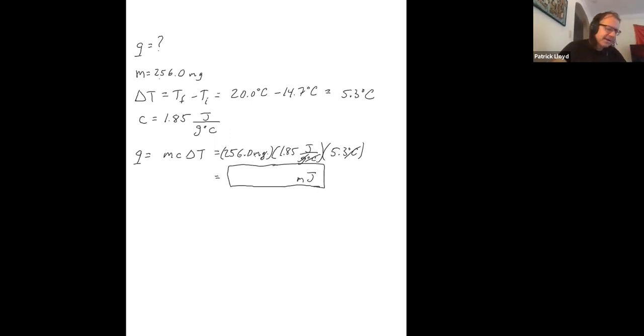Okay. Now it's 256.0 times 1.85 times 5.3, and it's 2510. Now that's a problem getting 3 significant digits there. So what you could do is you could put it into scientific notation, or we could get rid of the millijoules and convert it to joules.